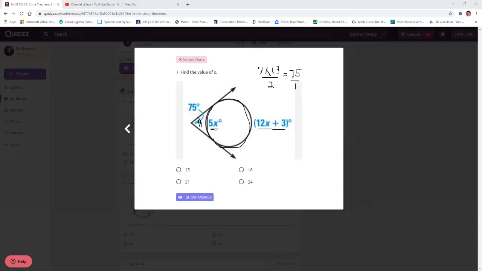When I cross multiply, that would give me 7x plus 3 is equal to 150. 150 is 2 times 75. And when I subtract 3 from both sides, that would give me 7x is equal to 147. And it looks to me like 7 would go into 147 21 times. So that would be the answer to that problem.